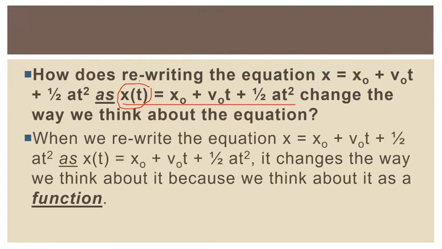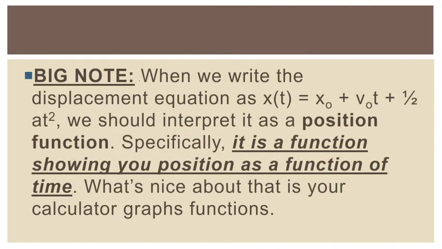So this equation is actually super useful and versatile, as you'll see hopefully in a couple of minutes here, because we can think of it as a function. And so essentially, when we write the displacement equation as this x of t form, the function form, we should interpret it as a position function.